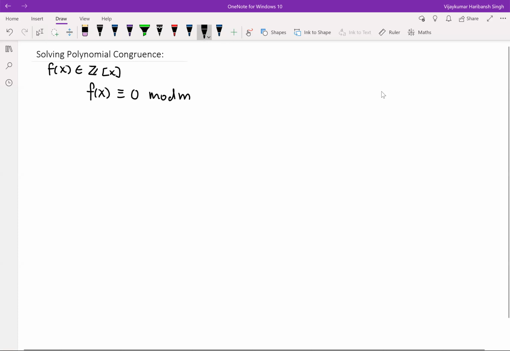That is another way of saying that f of x is a polynomial with integer coefficients. And we want to solve for f of x congruent to 0 mod m.